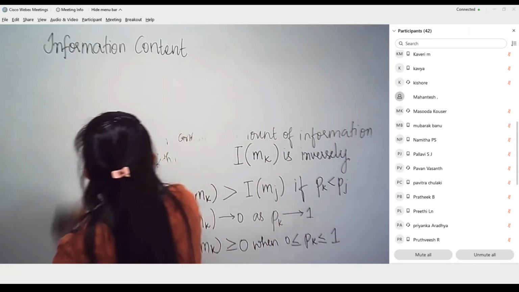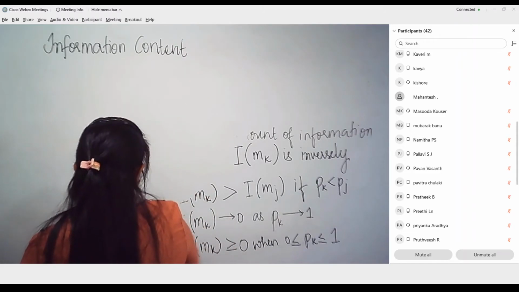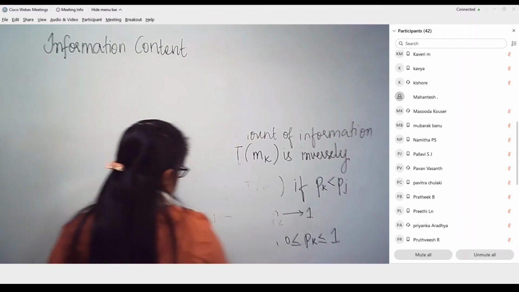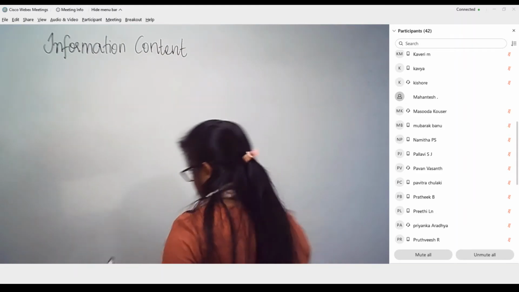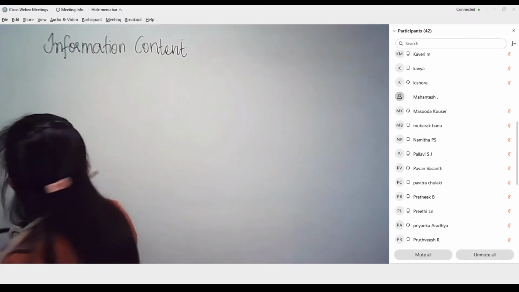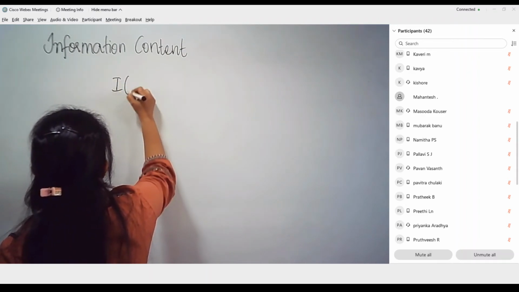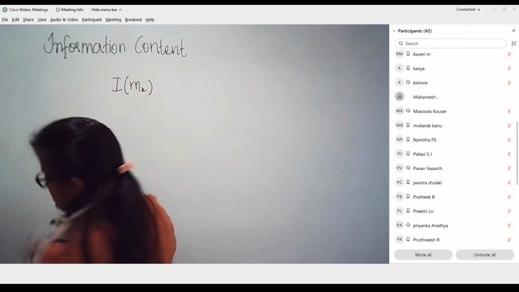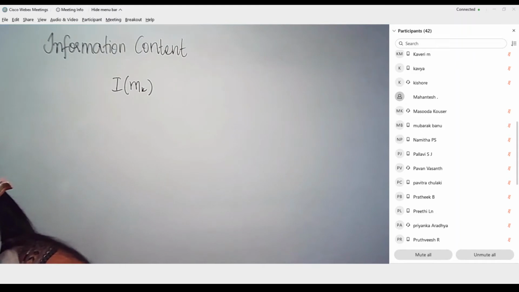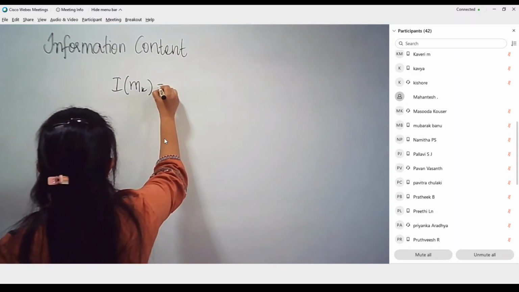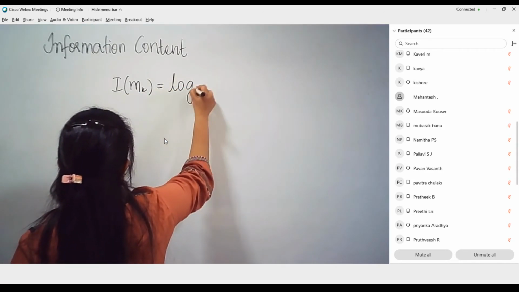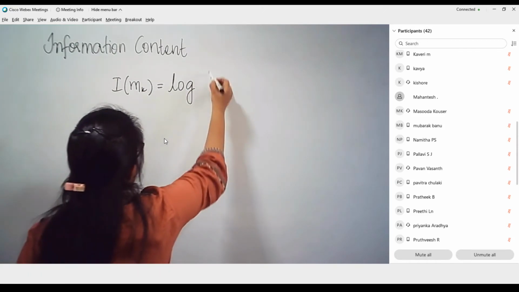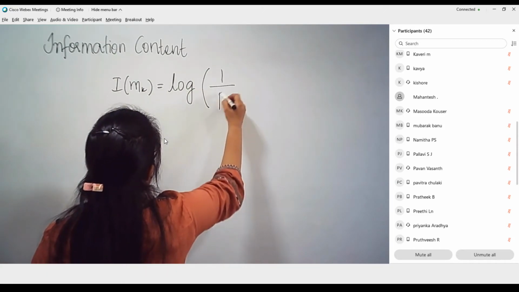So now we will see what is the relation between this information I of m of k and the probability of the message mk. I said it is just inversely proportional, but it is actually related. There is no derivation for this, but we need to know that I of m of k is logarithmically related to 1 over pk.